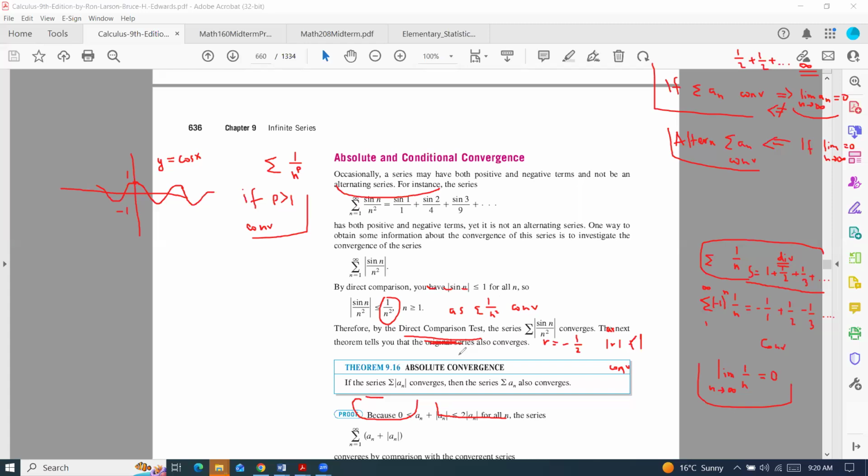Anyways, our story was: if the absolute value series is convergent, then the series without absolute values is also convergent, because it's going to alternate its signs. It may not always alternate; it may have a couple of terms with positive signs, then a couple with negative signs, or even 3 terms. But we still say it's a sign alternating series. It doesn't have to be always plus minus plus minus.